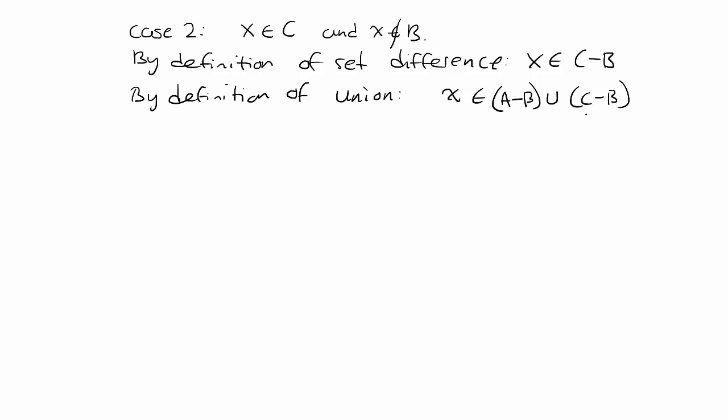This is a true statement as long as one of these is true, because we have the union, one or the other or both, and we already know this part's the true part.